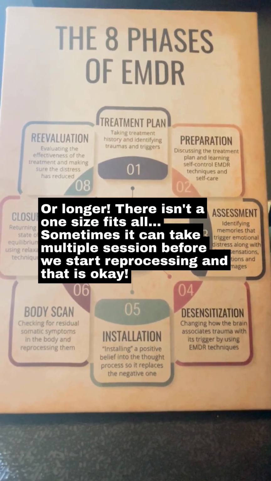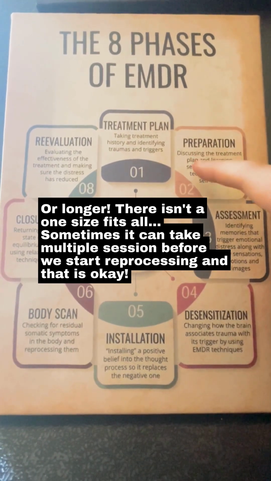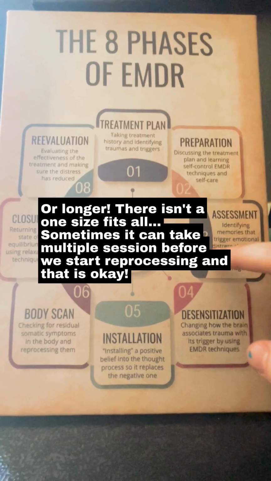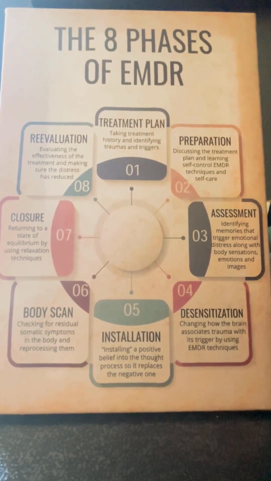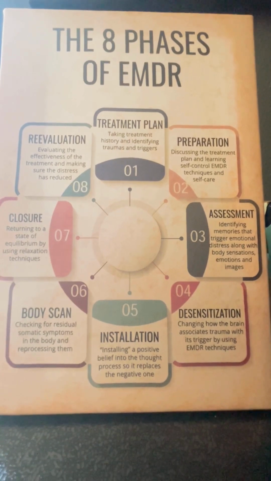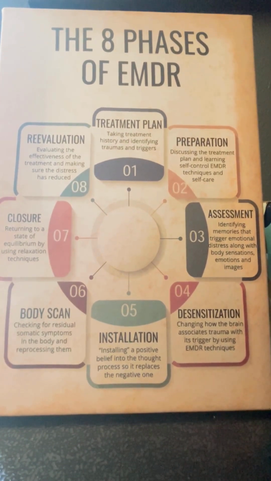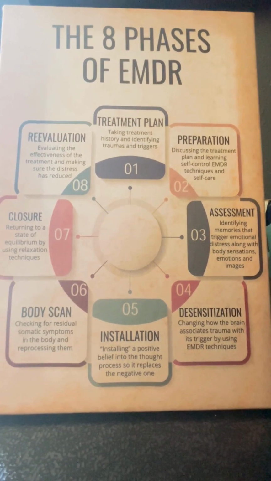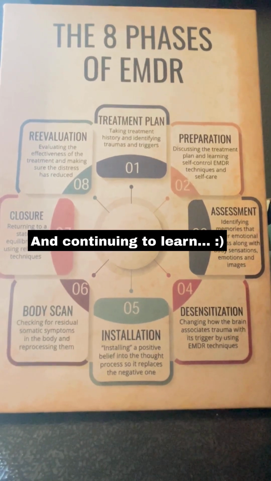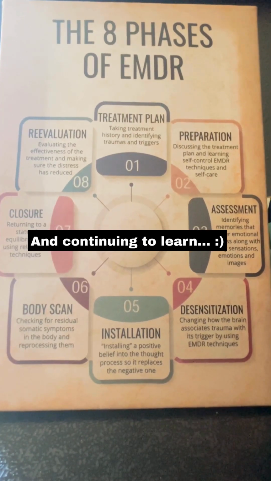Usually I have 1 session of about stage 1 and 2, and then another session of finishing up 2 and going into 3. But everybody does this a little bit differently. I've known clinicians that were able to do all 3 stages in 1 session. But I just like to make sure that I get a really good picture. And that's not saying that other clinicians don't. That is just my preference, and that's how I have learned how to do it.